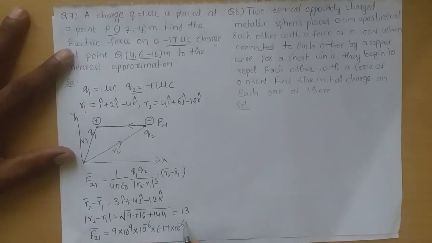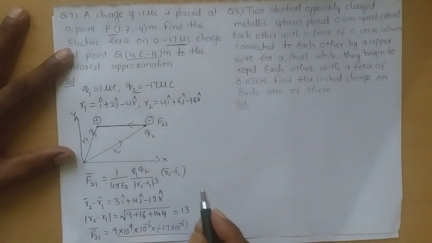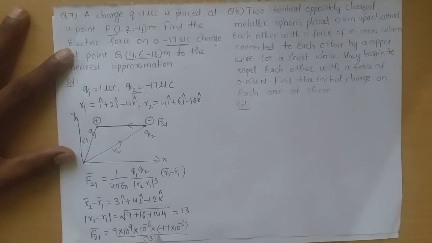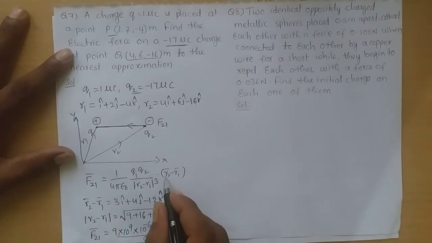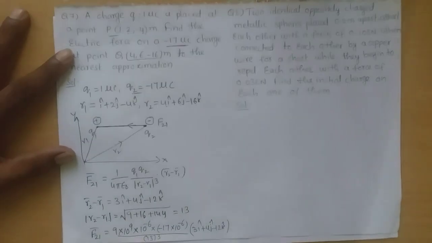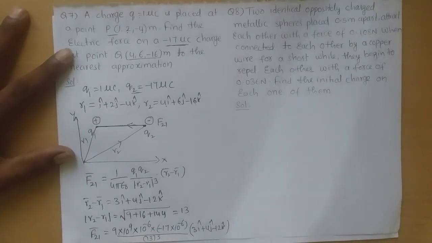In vector form, I am writing, divided by (R2 minus R1) whole cube, and R2 minus R1 is 13, whole power 3, into R2 bar minus R1 bar. The R2 bar minus R1 bar value is 3 i cap plus 4 j cap minus 12 k cap. So simplify it and we will get the answer. This simplification is homework for you.